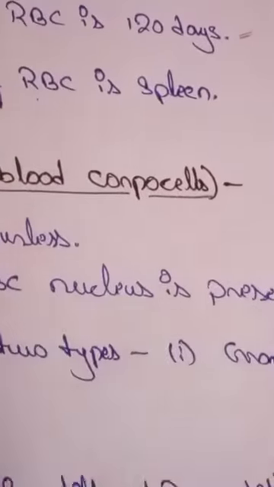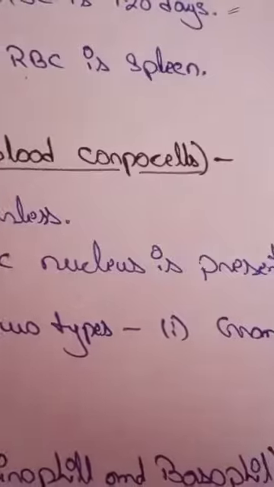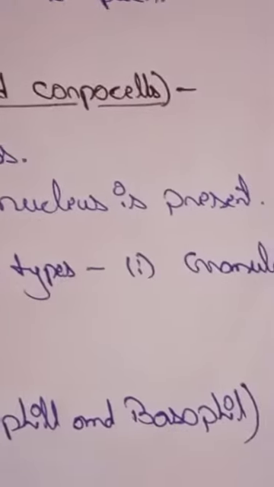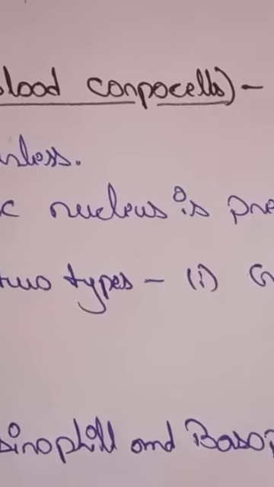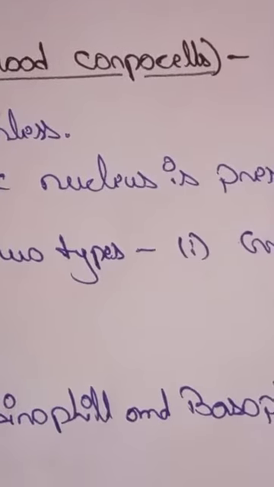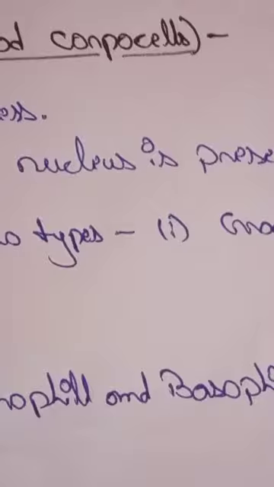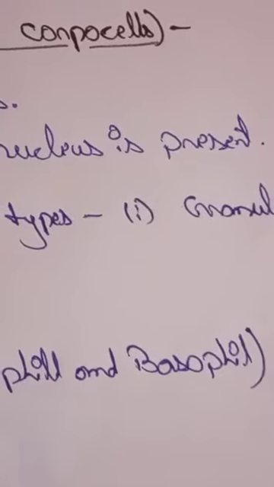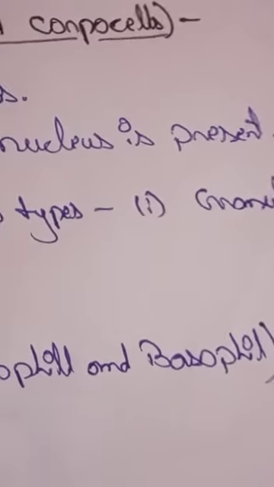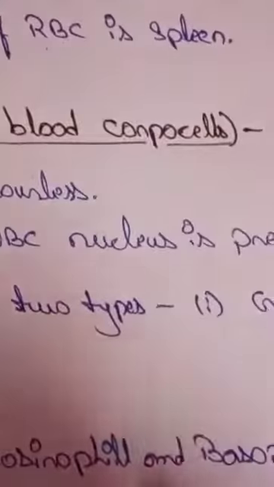Next is WBC, white blood corpuscles. They are like an army: in our body, when viruses come, they attack the virus and protect the body.